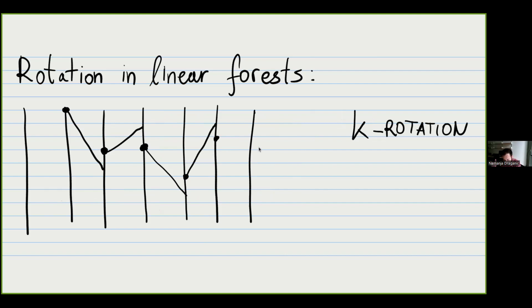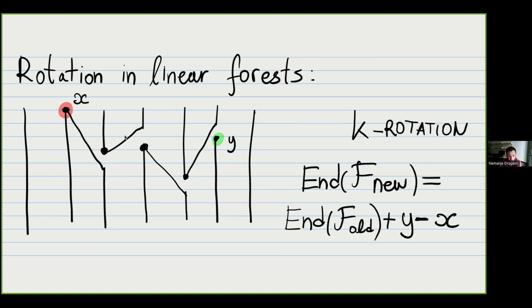Now a simple, again, but crucial property, and this you should remember for the rest of the talk. If you look at the endpoint changes, only this vertex X with which we start disappeared from the set of endpoints, and this last new endpoint Y is a new endpoint.